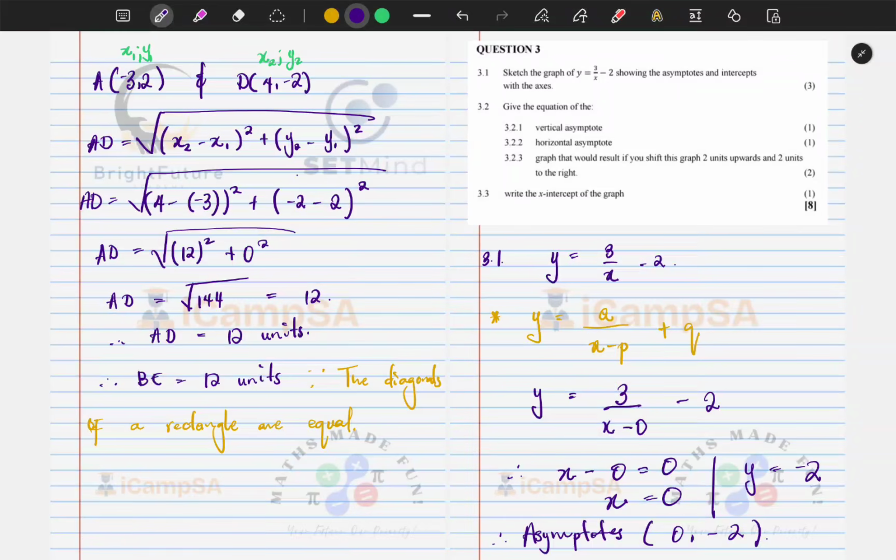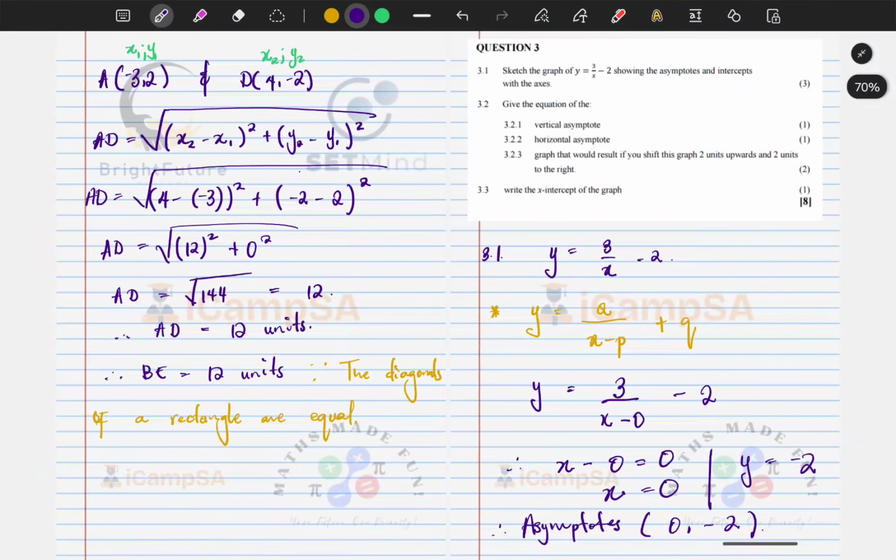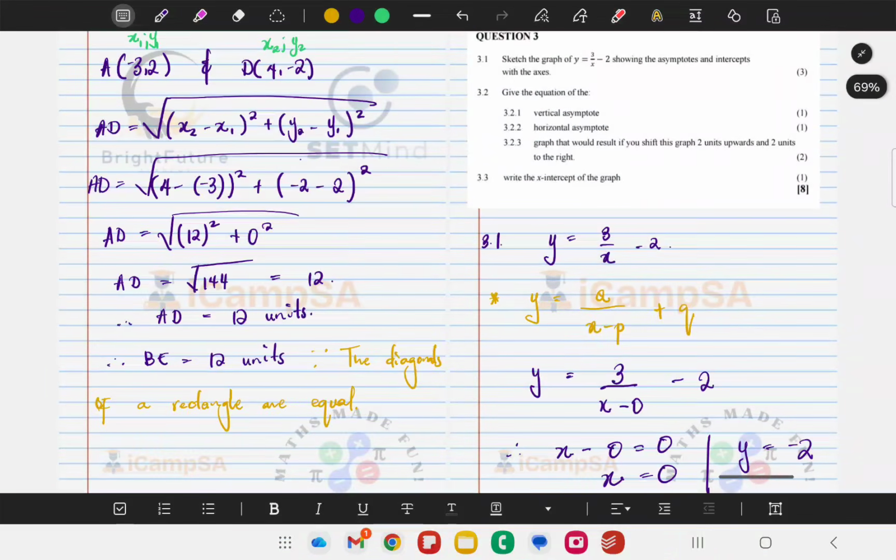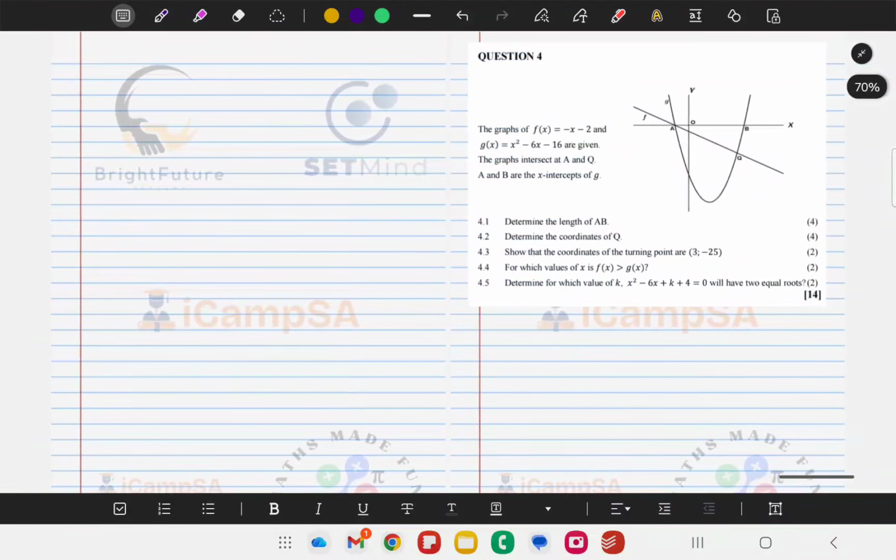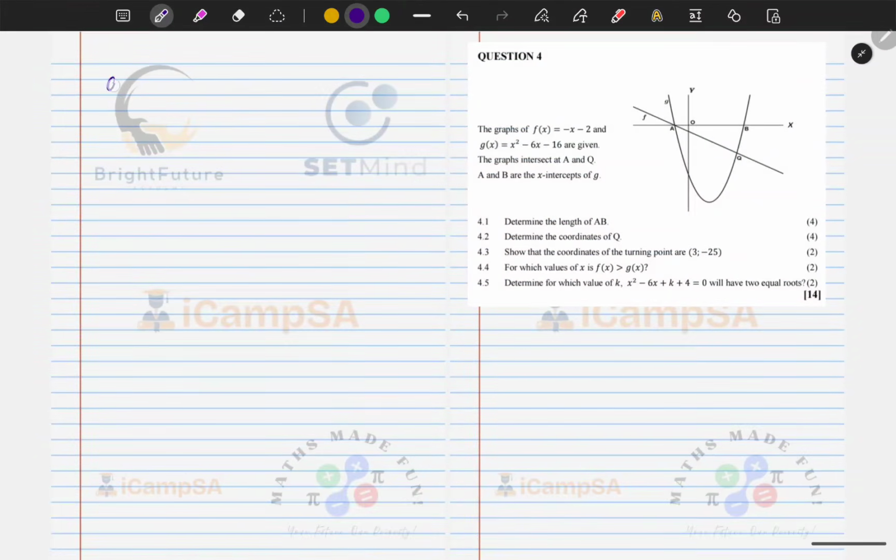So now remember the value of a tells us something as well. Since the value of a is greater than 0, that means that our graph will be in the first and third quadrants, right?